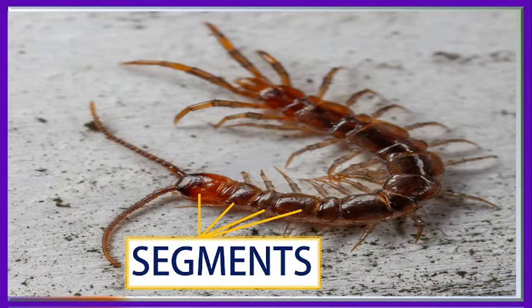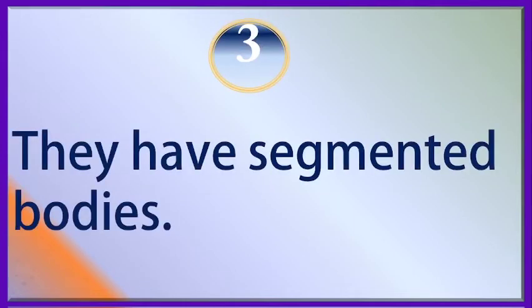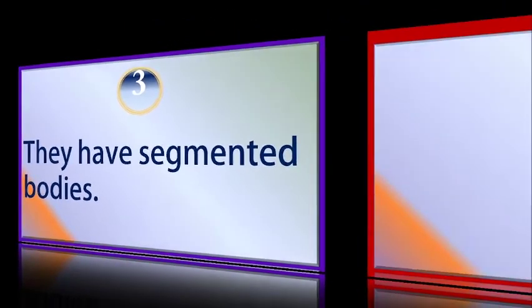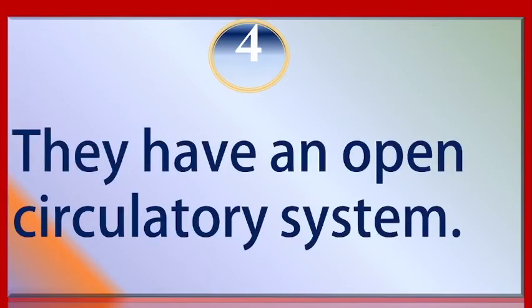These parts are known as segments, which brings us to the third characteristic of arthropods, and that is arthropods have segmented bodies. The fourth characteristic is anatomical, thus not observable, which is arthropods have an open circulatory system.